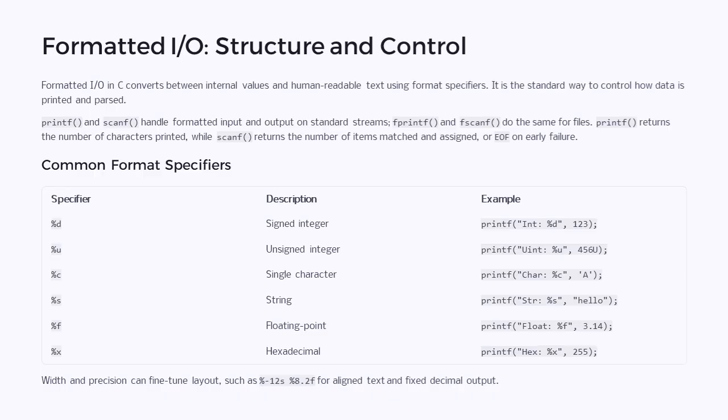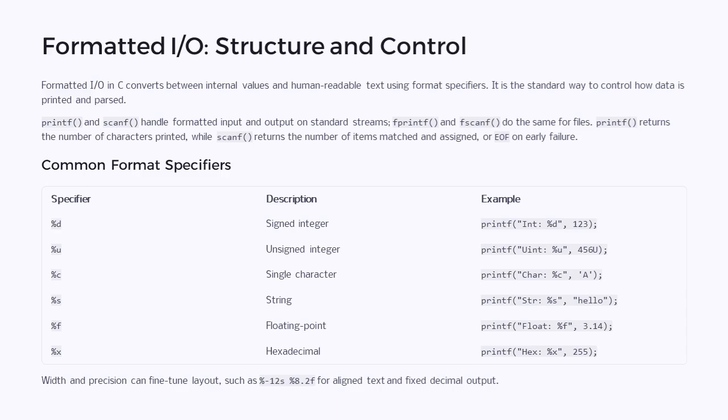Example, printf str %s. %f floating point. Example, printf float %f, and %x for hexadecimals, printf hex %x.